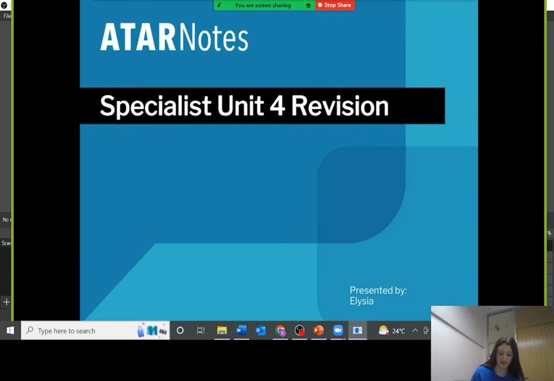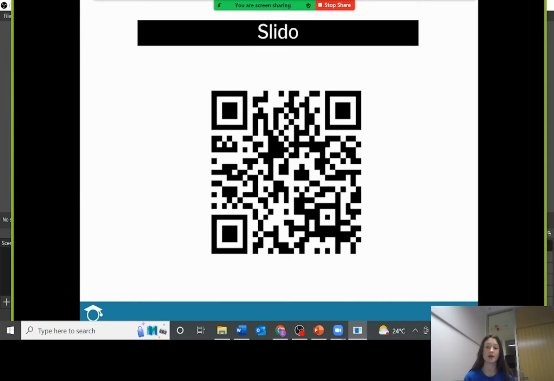Before we get started, if you have a look either beneath where you're watching, or if you scan this QR code, you can have a look at Slido. On there I'd like you to answer the poll and tell me how you're going in Year 12 Specialist so far, and what you would want to do today.